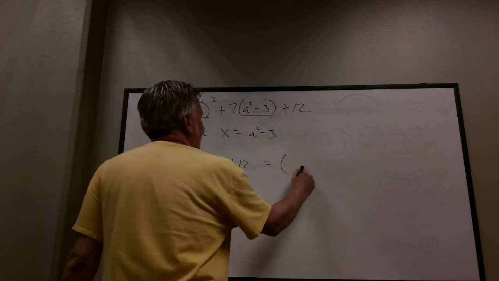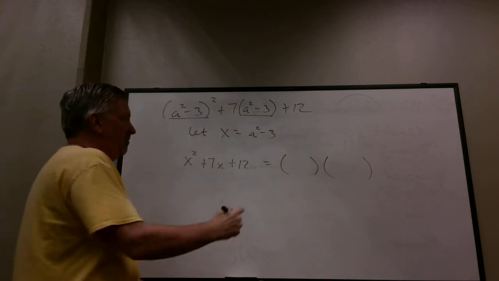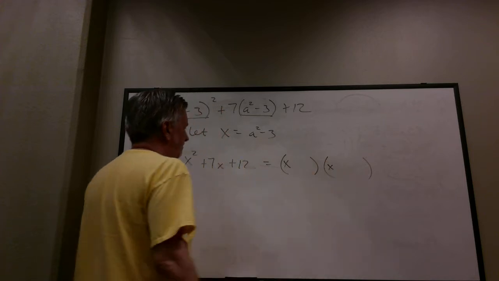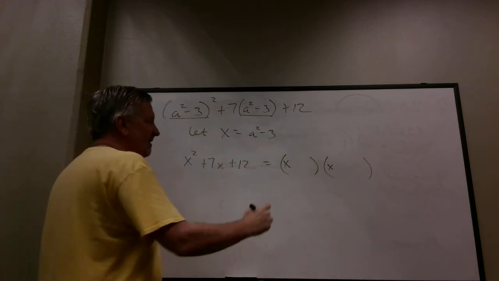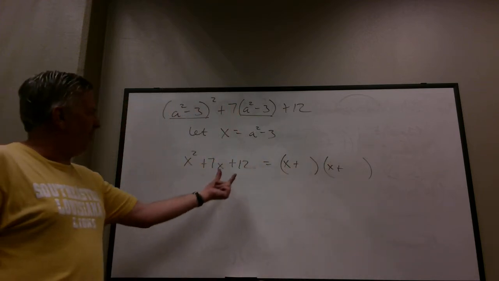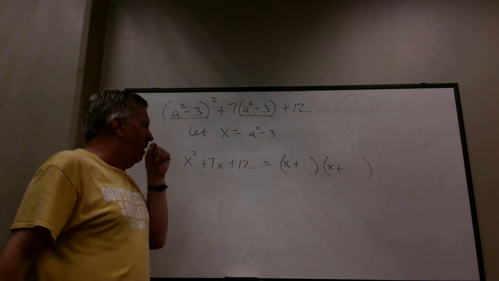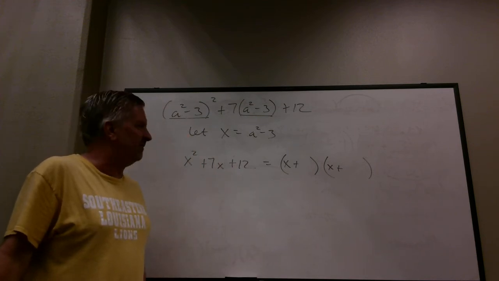So it's a trinomial, so I'm going to try the double bubble. So x squared, well that's easy, that's x and x. And the good news is, since these are both pluses, this has to be a plus and a plus. It has to be. Now what about factors of 12? We're in that same situation we had before. Factors of 12 are 12 and 1, 6 and 2, and 3 and 4.